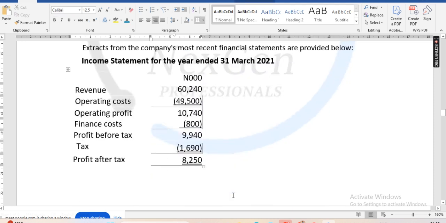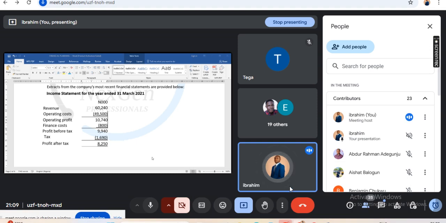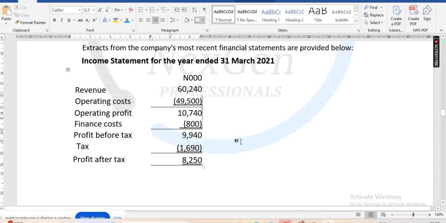They give us a finance cost of 800 in 2021. Don't forget, when you want to do a forecast, you must have an already made financial statement. You must have it so that you will be using that financial statement to forecast for the future. Unless you don't have any financials before, then you have to start from scratch.